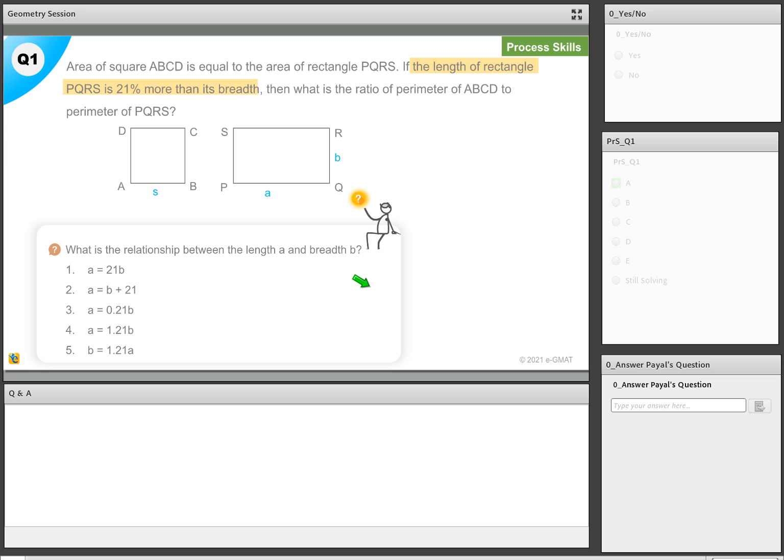Area of square ABCD is equal to the area of rectangle PQRS. If the length of rectangle PQRS is 21% more than its breadth, I want you to just focus on this sentence. Forget about the question. Just focus on this sentence and tell me what is the relationship between the length A and the breadth B of the rectangle PQRS. Just process this statement standalone.